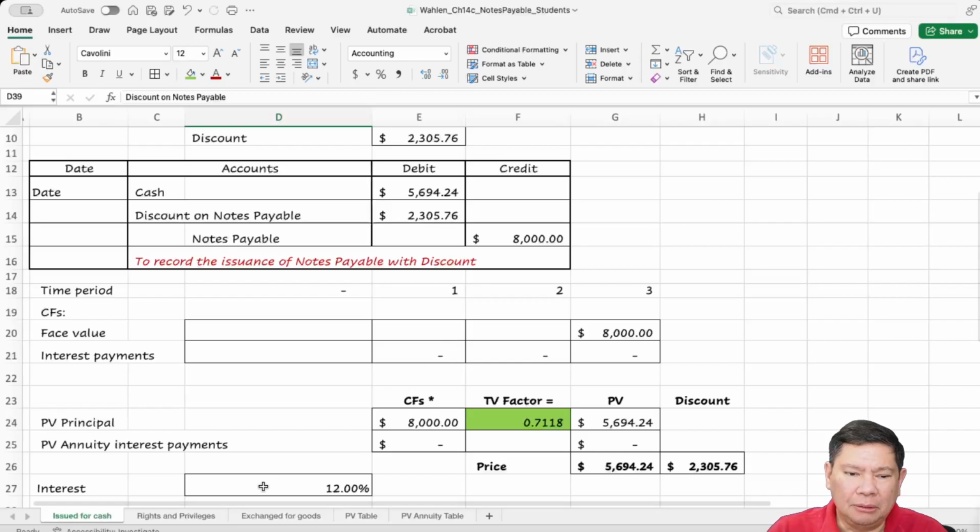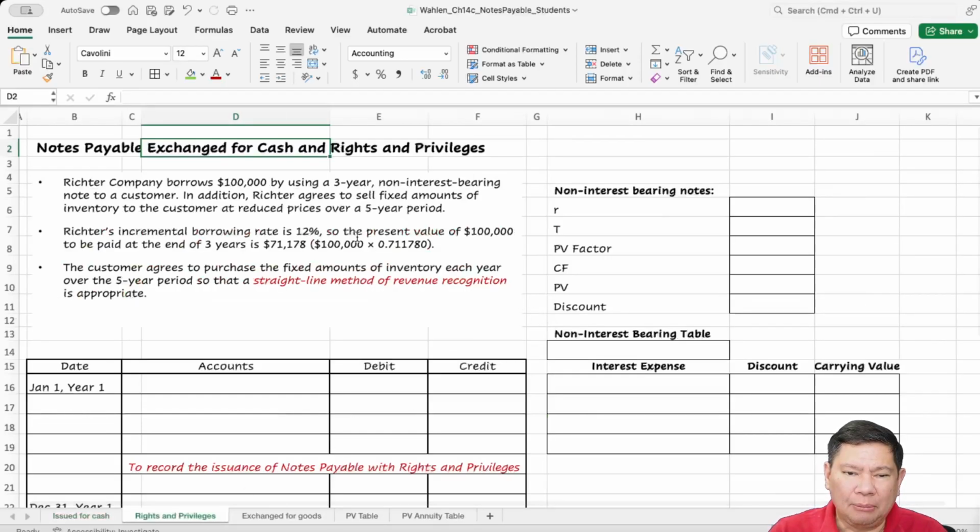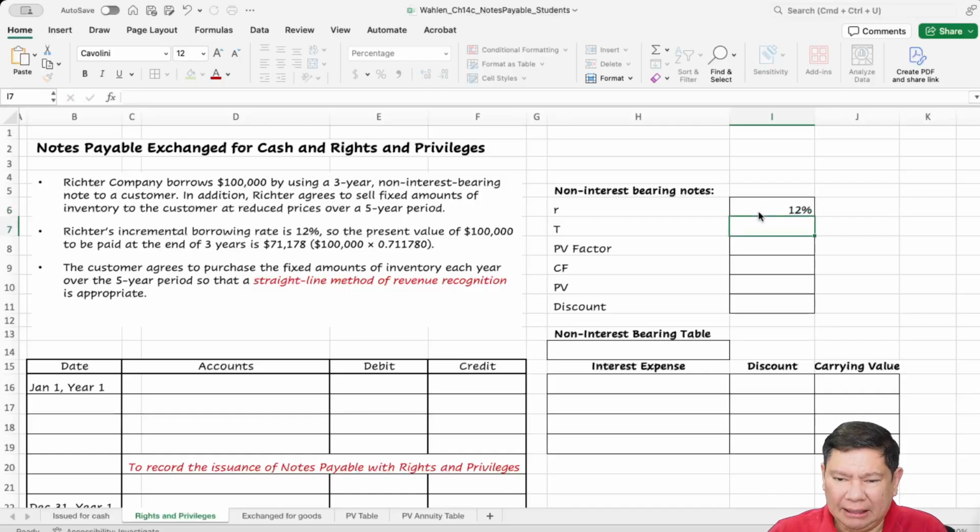And if you multiply that with the $100,000 face value, you'll get 71,178.